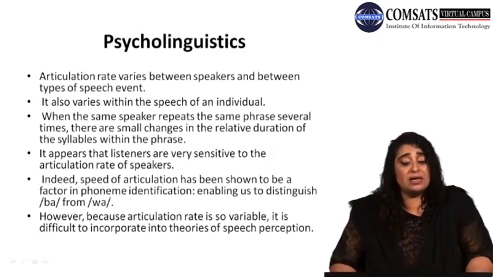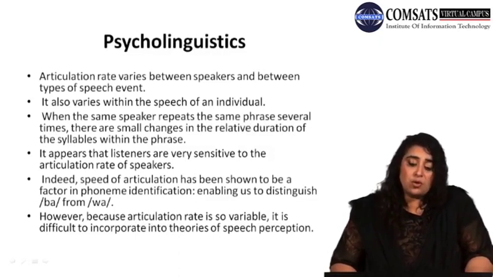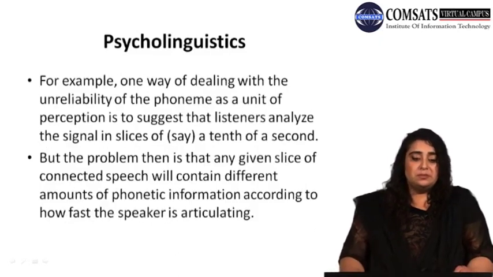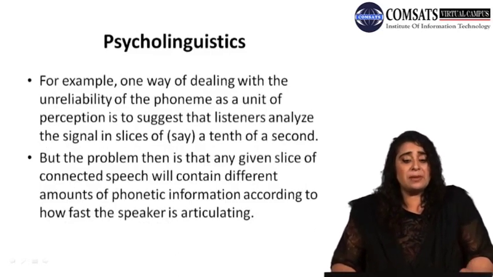However, because articulation rate is so variable, it is difficult to incorporate into theories of speech perception. For example, one way of dealing with the unreliability of the phoneme as a unit of perception is to suggest that listeners analyze the signal in slices of, say, 1/10 of a second.